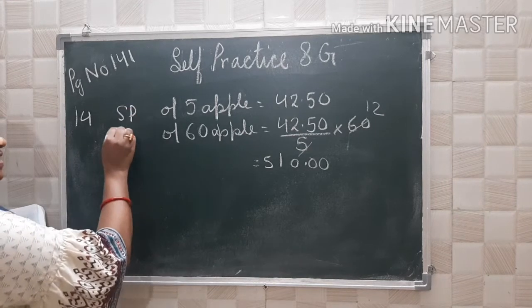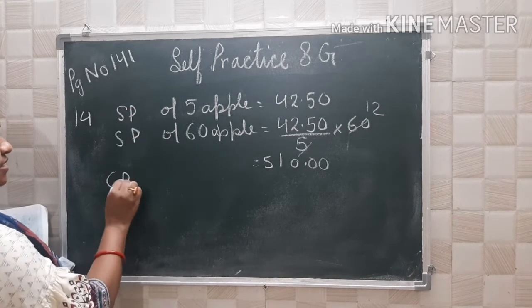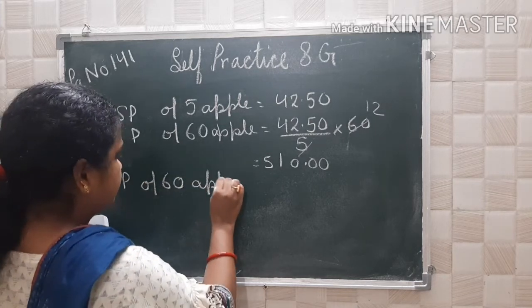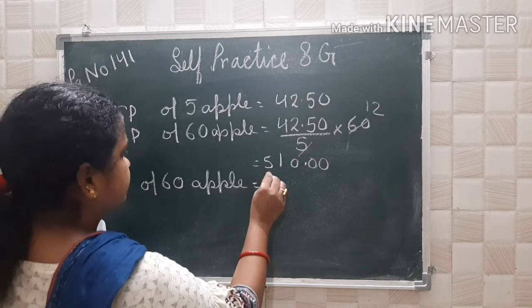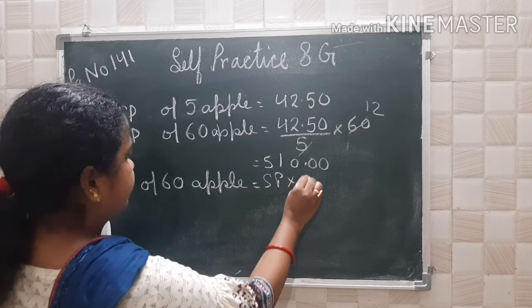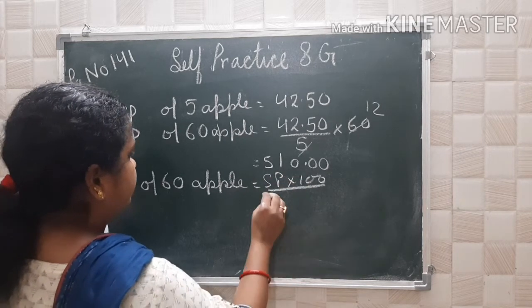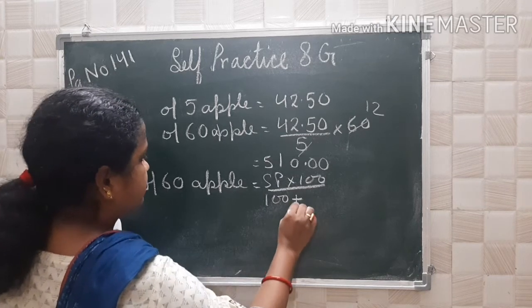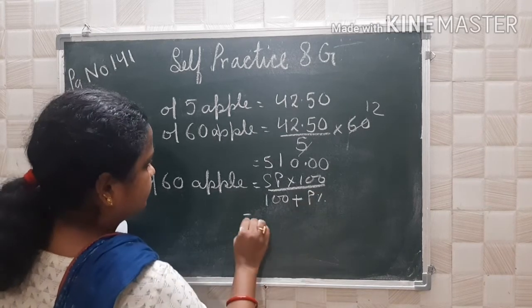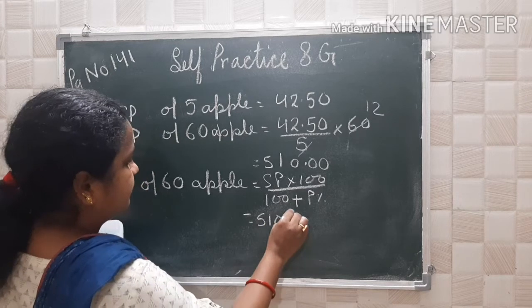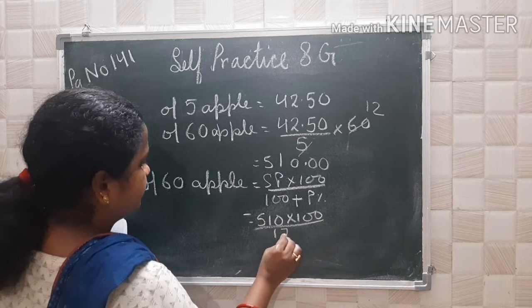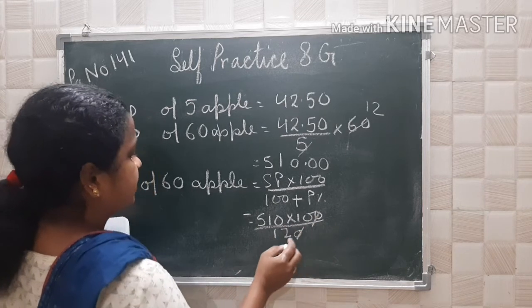SP of 5 apples and SP of 60 apples. Now CP of 60 apples is equal to SP into 100 upon 100 plus profit percent. 510 into 100 upon 100 plus profit, which means 120. The 0s cancel out.